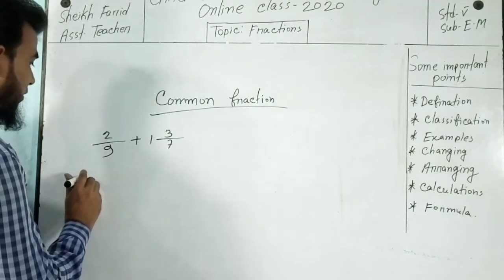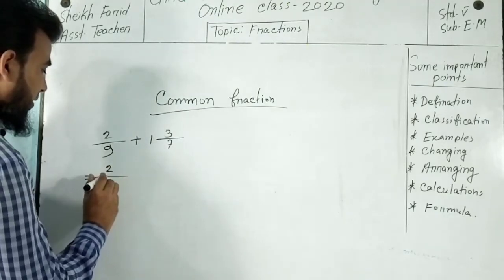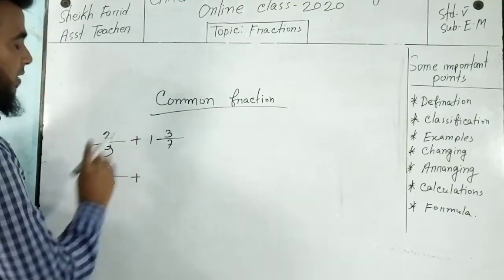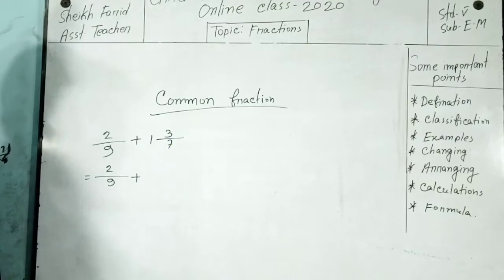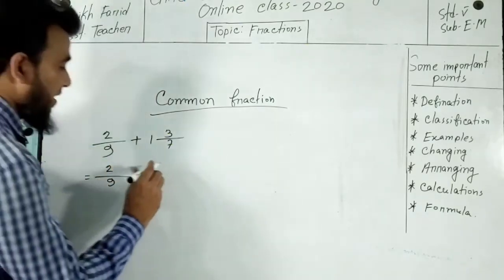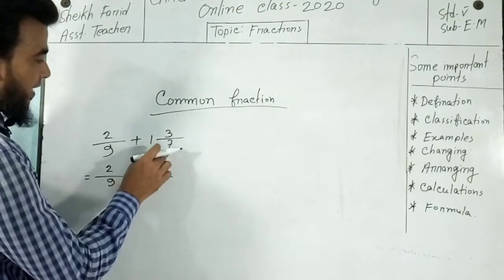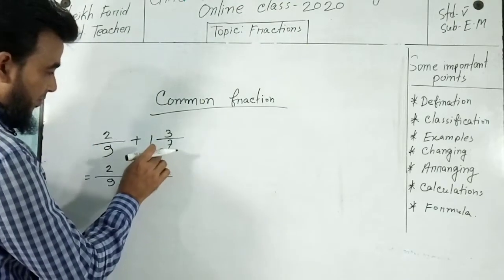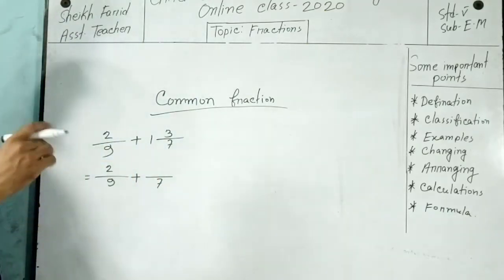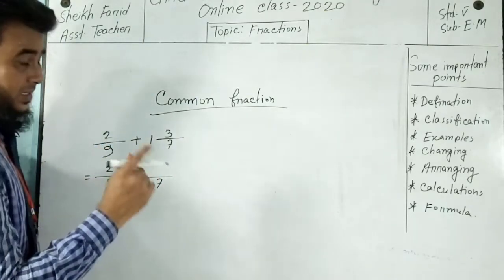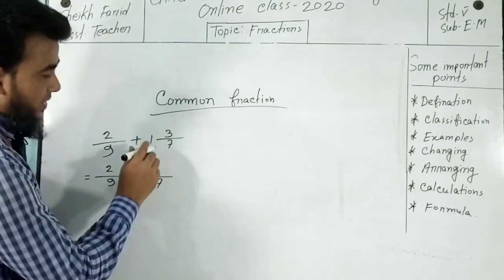At first, we have to change the mixed fraction into an improper fraction. Already we have discussed this, and you know that 7 is the denominator, and we have to multiply 7 with the integer, that is 1 into 7 equals 7, and if you add 3 with 7, then it will be 10.